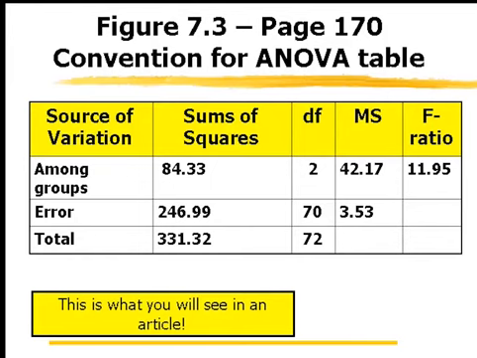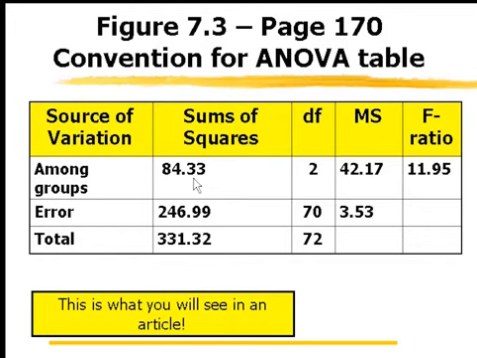If we think about what we had before, we have the amongst groups source of variation. The error is the mean squares within, and then you have the total amount of error. If you think about what we showed you in the beginning with the different sources of variation, we have the sums of squares total, the sums of squares within, or the sums of squares error, and the sums of squares among the groups.